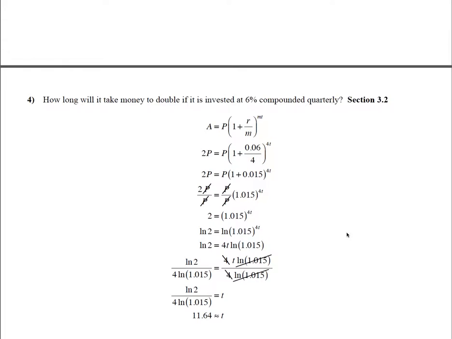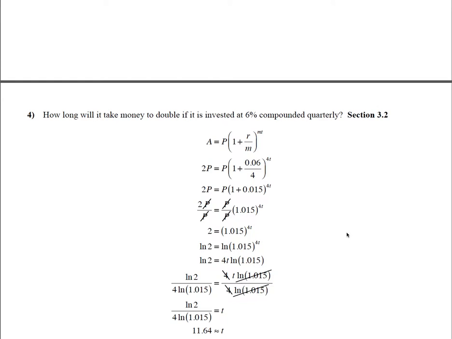Now this question 4 asks us how long it's going to take money to double if it's invested at 6% compounded quarterly. Well, the number of compounding periods per year is 4, because there are 4 quarters per year. And here's our periodic compounding again, interest compounded periodically.